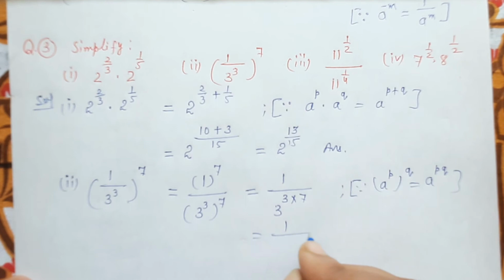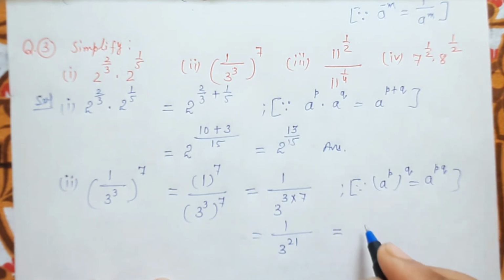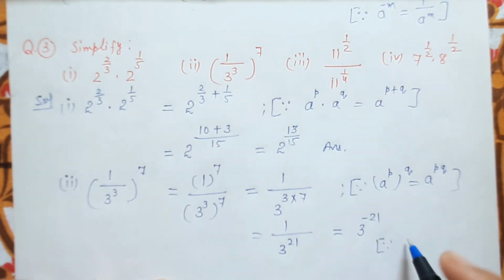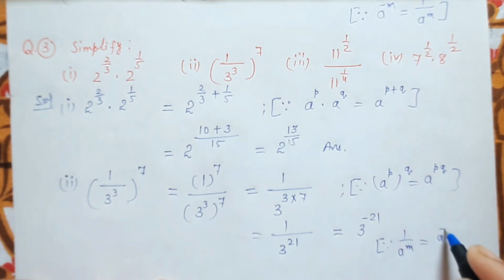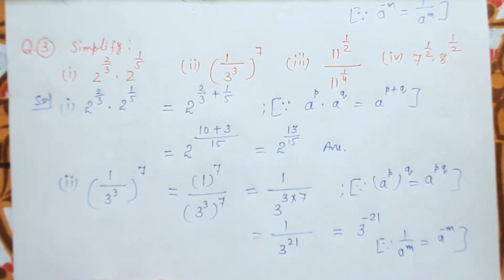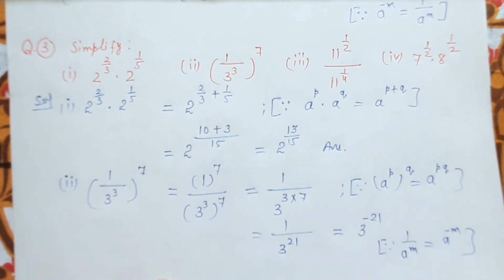So 1 upon 3 raised to power 21. If we want, we can write it as 3 raised to power minus 21 also, because 1 upon a raised to power m is equal to a raised to power minus m. This is also an identity.